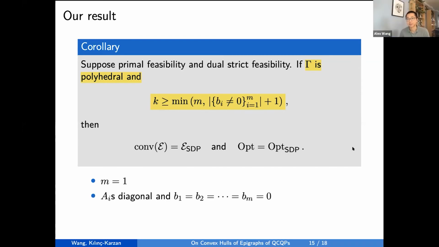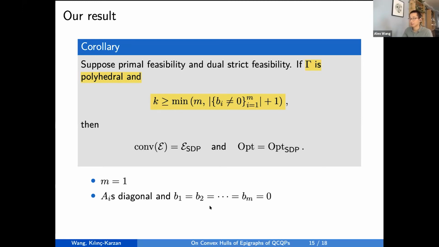Another interesting example that this covers is the case where your quadratic program does not contain any cross terms. That is to say that all of your a sub i's are diagonal, and in your constraints at the very least, b1 through bm are each 0. In this case, gamma will be polyhedral because it will be defined by only the diagonal entries of the a sub i's, and k, which is always at least 1, will be at least this second term in the minimization.